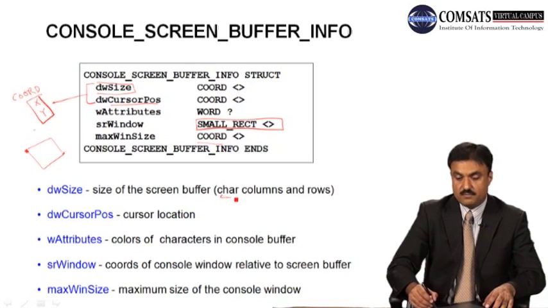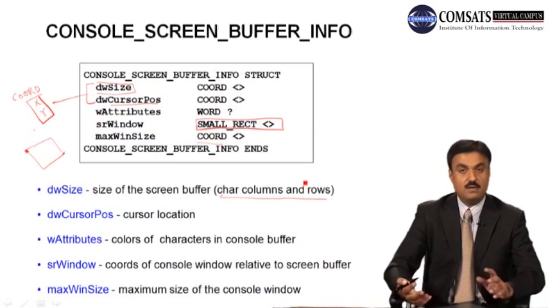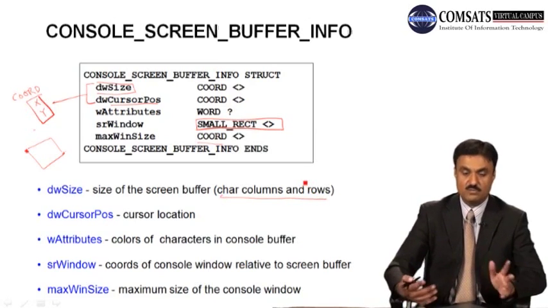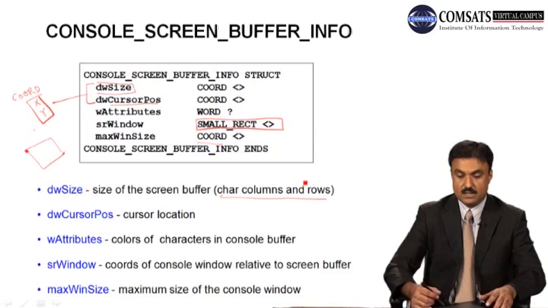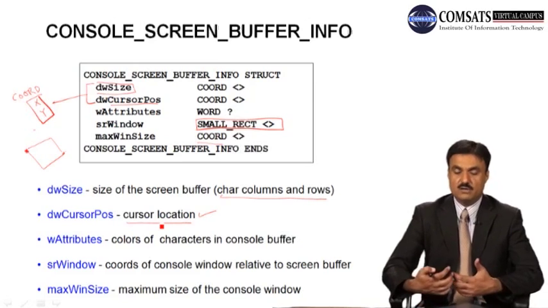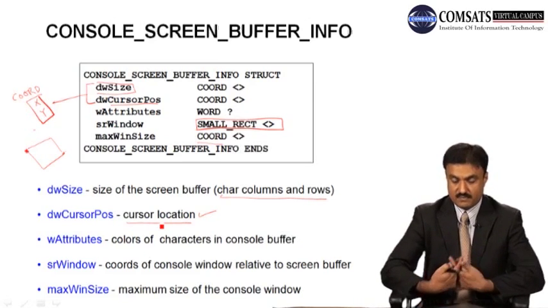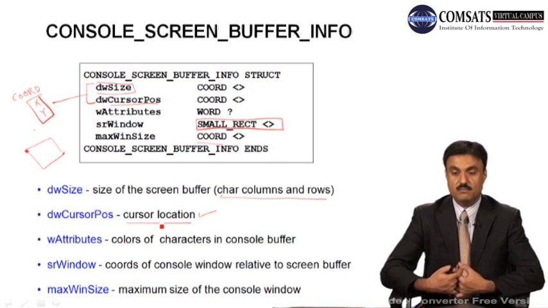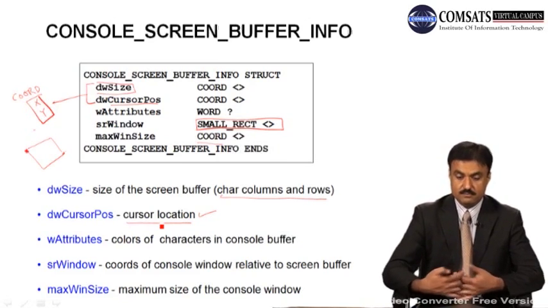So it is the characters, columns and rows. Character means how many characters in terms of columns and rows are there inside the screen buffer or in the console window. Then we have the cursor location. It will give you the current location of the cursor in the XY coordinates inside that console screen.